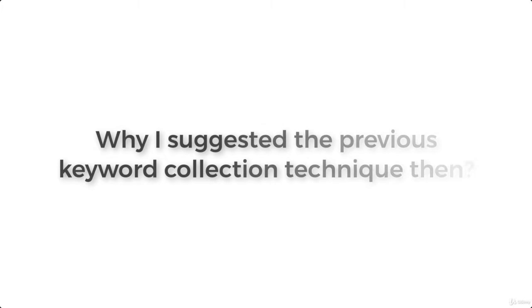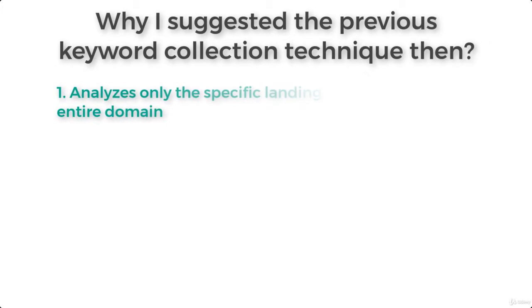After learning all these advantages of Keyword Planner tool, you might ask me why I have suggested the previous techniques involving a lengthy process and premium SEO tools. Well, there's a reason for that, and I have mentioned it in the beginning of this lecture itself. Keyword Planner tool analyzes the content of the exact landing page you have given and not all the pages in the domain.